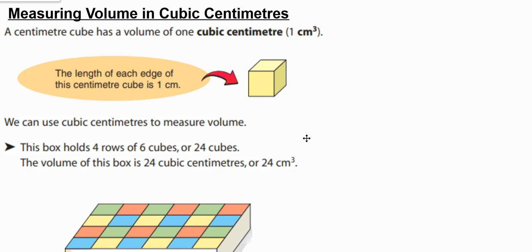Now, if you happen to have some at home, go dig them out. Otherwise, we're going to have to use a little bit of our imagination or other things that we might find in our house. I know we talked last lesson about different things that we have that are all the same. If you have a bunch of cubes, whether they be building blocks from your younger sibling, Lego blocks would work.